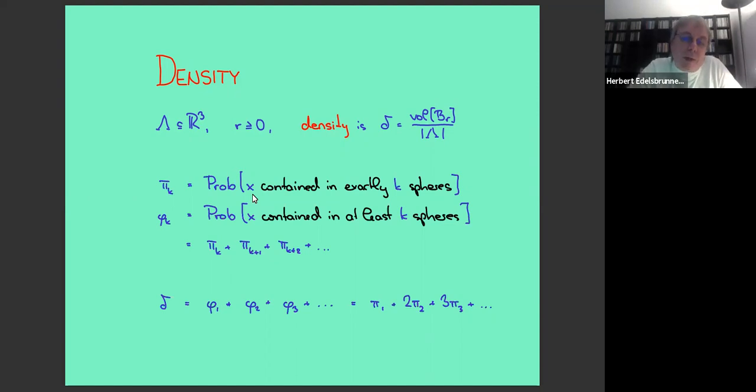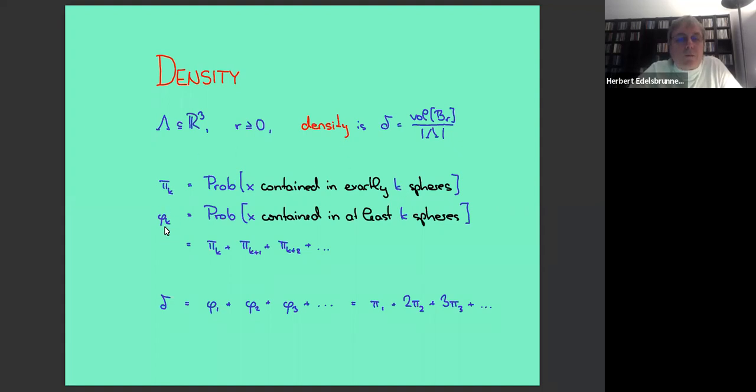And this is defined because the decomposition of space is periodic. So I might as well just choose x from the Voronoi cell. So I pick a random point within the Voronoi cell, and then the probability that it is in exactly k spheres, I call pi sub k. And this probability is also the volume of the subset of the Voronoi cell covered by exactly k spheres.